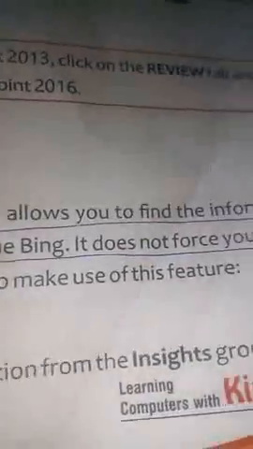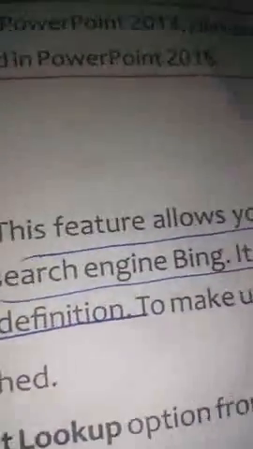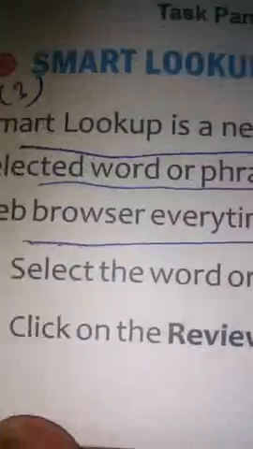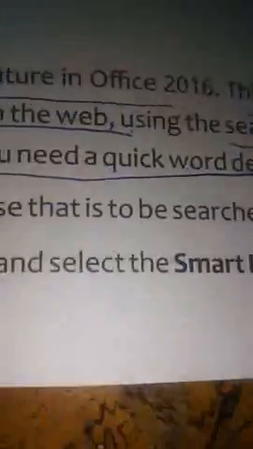This feature allows you to find information for the selected words or phrase on the web using the search engine, Bing. It does not force you to open up the web browser every time you need to quickly look up a word definition.